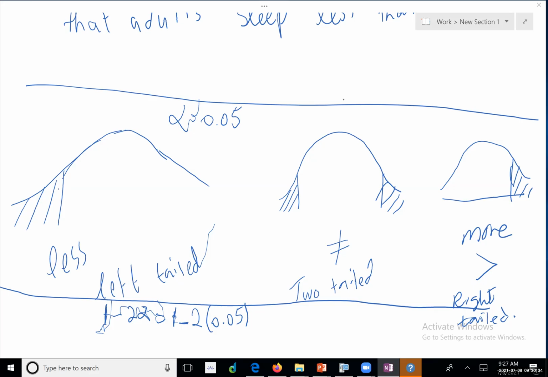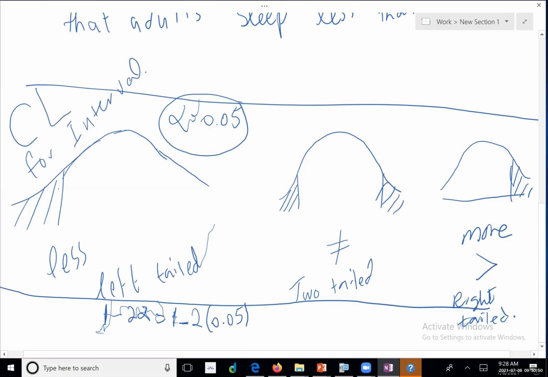If you are comparing with 5% alpha and you want to find a confidence level for the interval, then if it's a right tail or a left tail, the confidence level is 1 minus 2 alpha, which is 0.9 or 90% in this case.